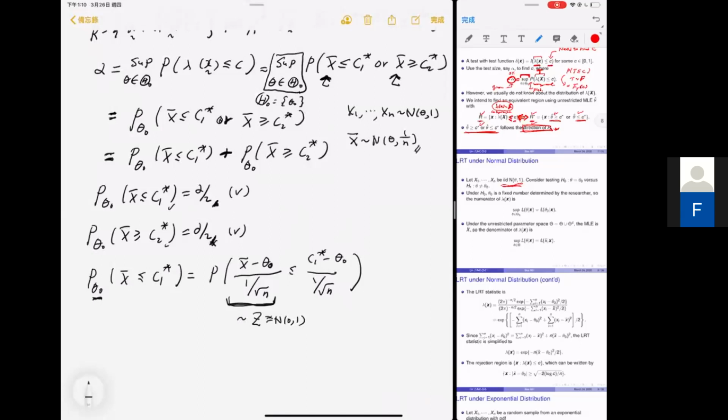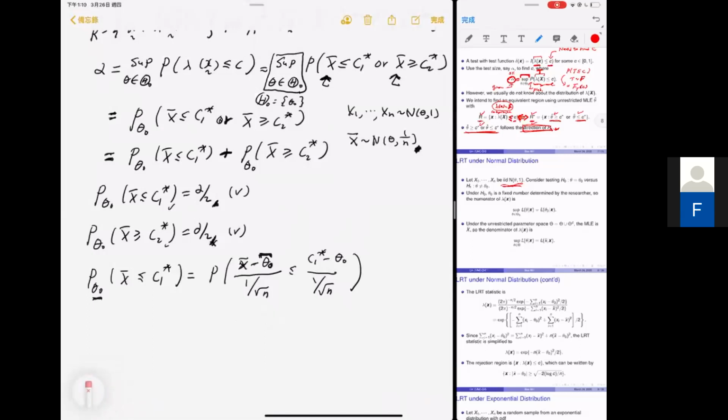Then because of this, I have my X bar minus the true theta, which under the null space is theta 0, divided by the standard deviation, and it becomes normalized, normal 0, 1.